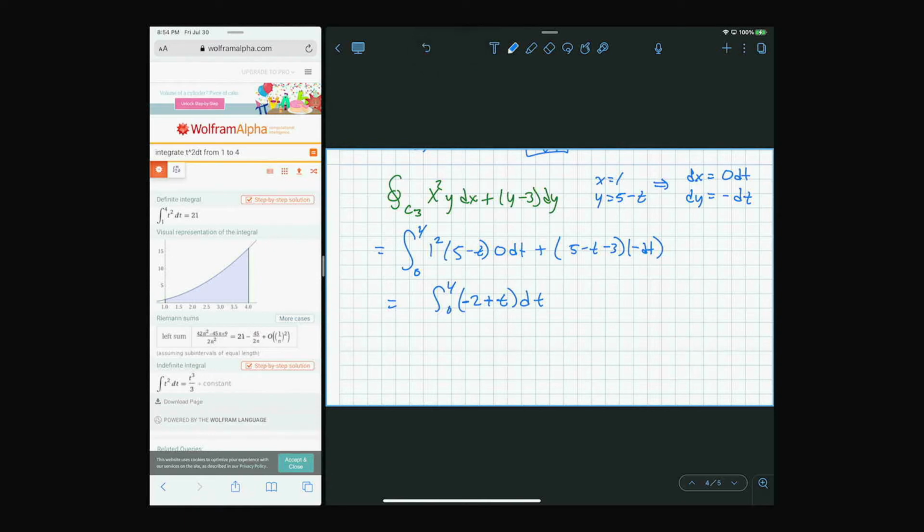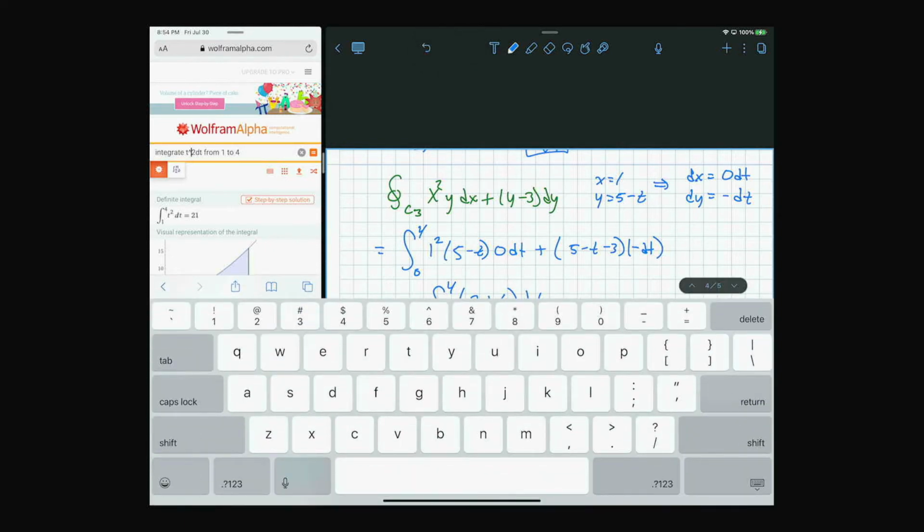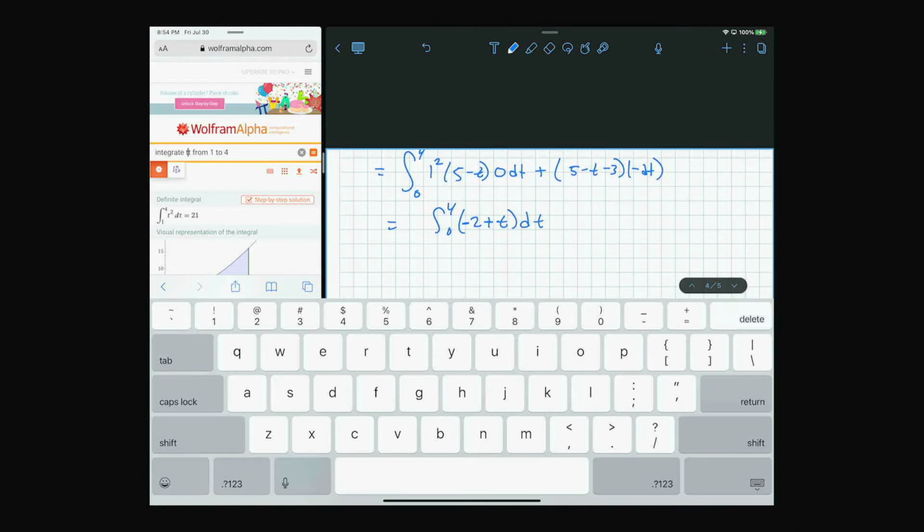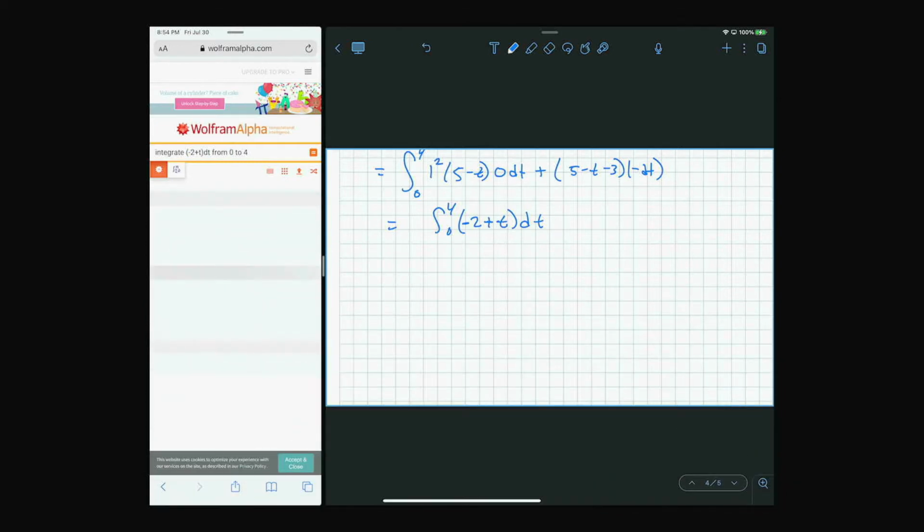Let's go over here. We're integrating negative 2 plus t dt from 0 to 4.